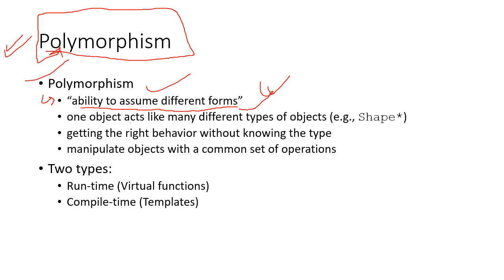One object acts like many different types of objects. For example, shape. That is exactly what happens in polymorphism. Now, getting the right behavior without knowing the type.